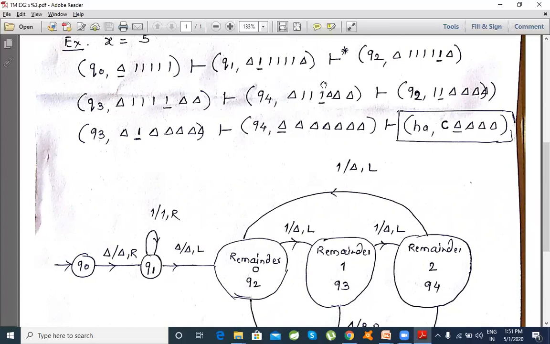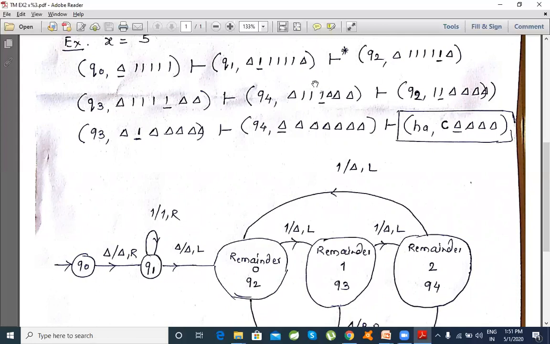From multiple moves, I'm directly taking this: this is a single step and this is a multiple step. I'll reach Q2 when my input is on the last one.